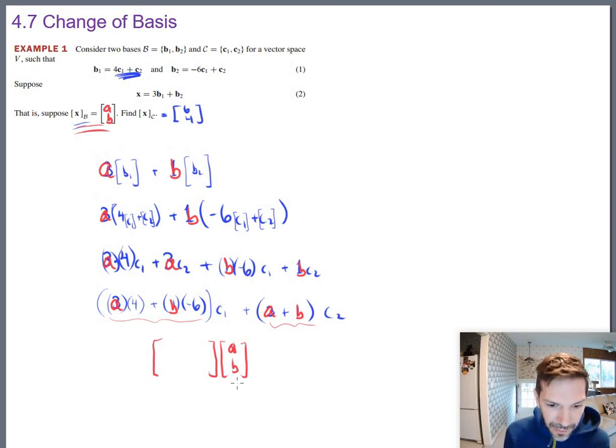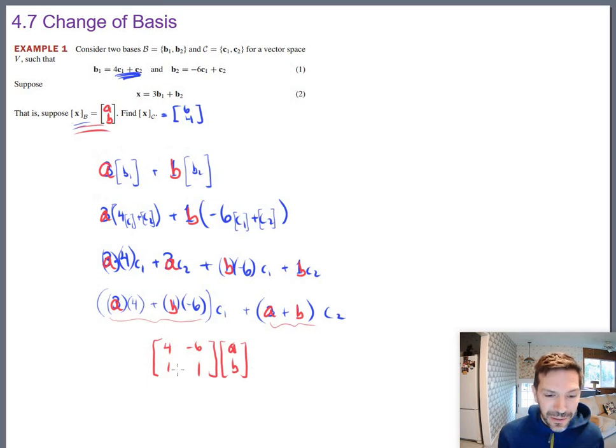So the multiplications that I need here, I need A to get multiplied by 4 and 1, and B by -6 and 1. Check this out. When you multiply now, you get 4A minus 6B, and that's the first C coordinate. And then again on the bottom you get A plus B, which is the second C coordinate.